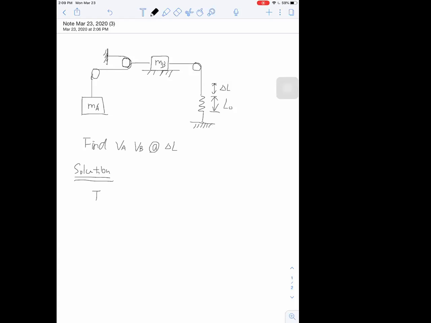So work energy equation is T2 plus V2 equals T1 plus V1 plus the work done by the non-conservative forces from position 1 to position 2, right? That's the work energy equation we learned in section 4B.